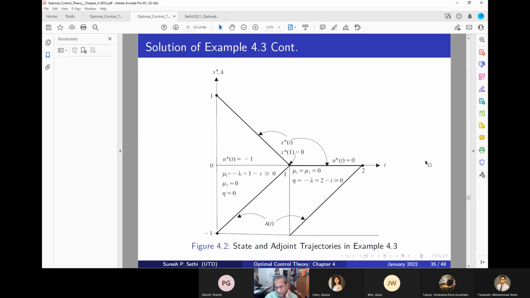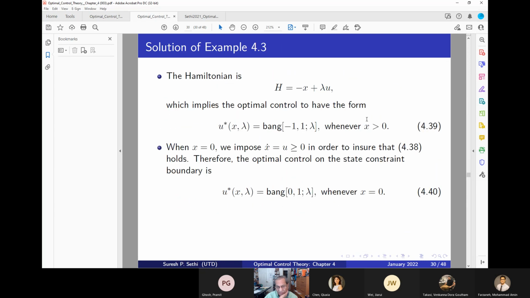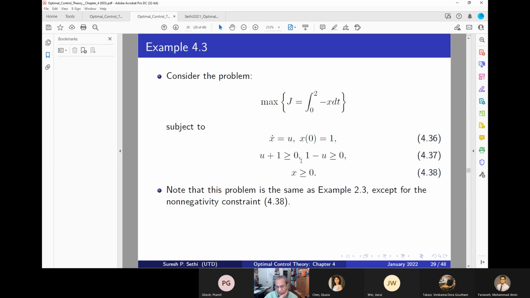I think there is a picture in chapter 3 of a problem of this kind. So it's clear now that in order to go to 1 in one time interval, I would have to use plus 1 control all the way up to here. And the control, as you can see, is between 0 and 1.